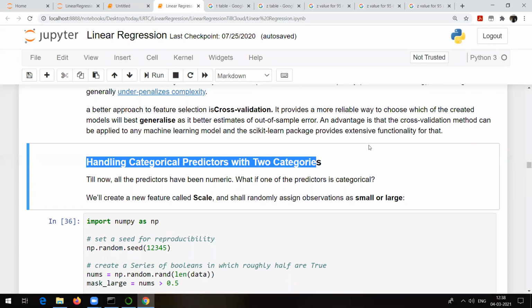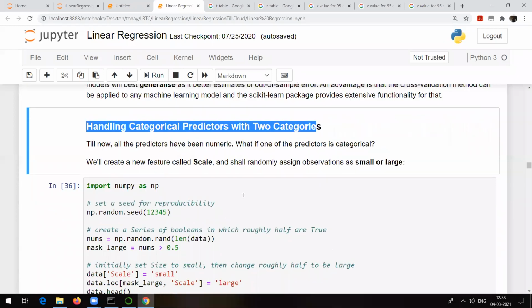Let's suppose there is a column, affected by diabetes, yes or no. So yes or no, true or false, male, female. These are categorical data. Obviously it's in the form of a string, but you know that in machine learning, the data should always be in numerical format if you want to create the model. So here we are trying to see what if the data is not in numerical format, what if there are two categories.